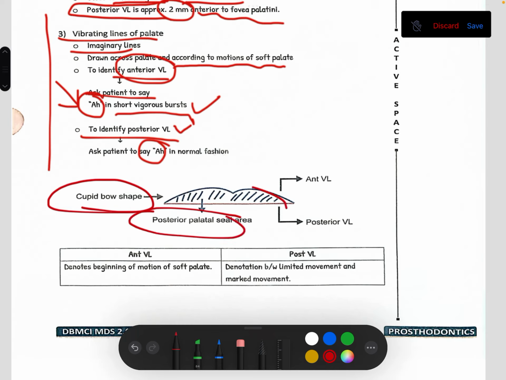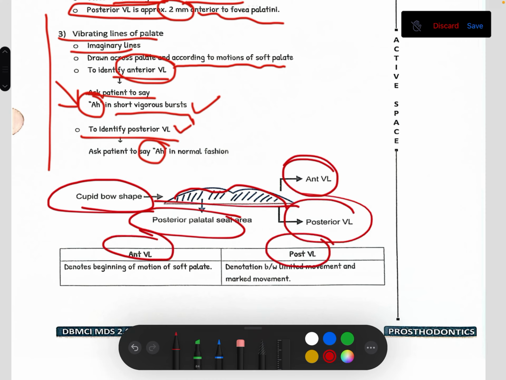It has the anterior vibrating line and also the posterior vibrating line. What is the significance of these two lines? The anterior vibrating line is the beginning of the motion of the soft palate, where the soft palate starts. What is the significance of the posterior vibrating line? It denotes the separation between limited movement and marked movement.